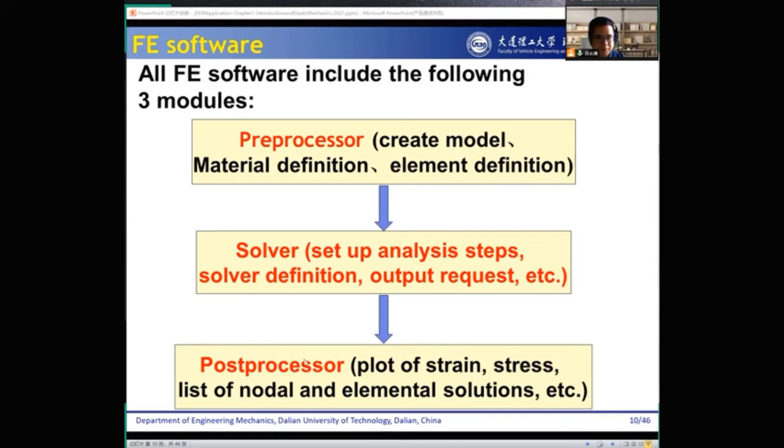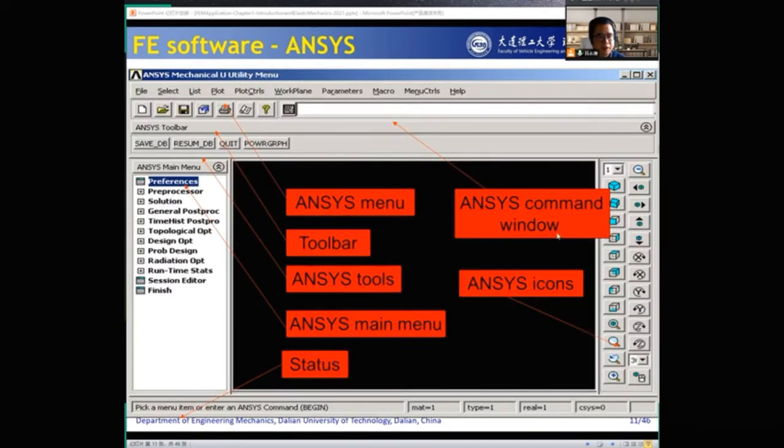In the post-processing, we plot the stress, the strain, also the strain energy density and all other parameters. This is one example of the ANSYS interface. We have different parts.